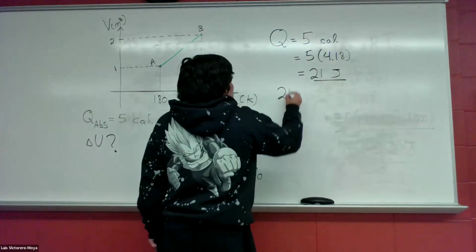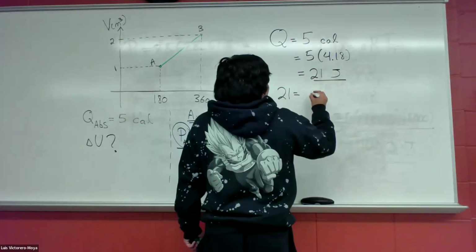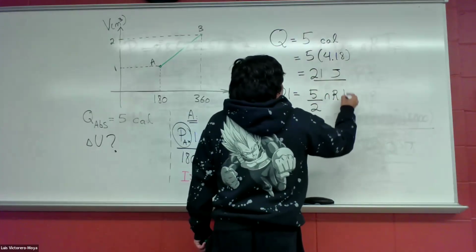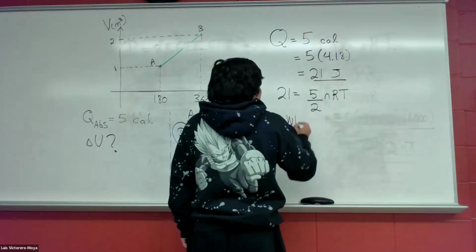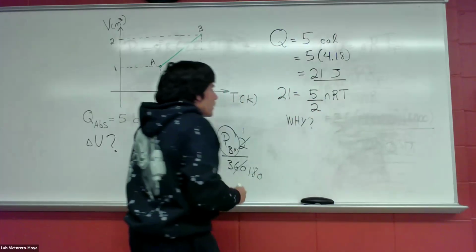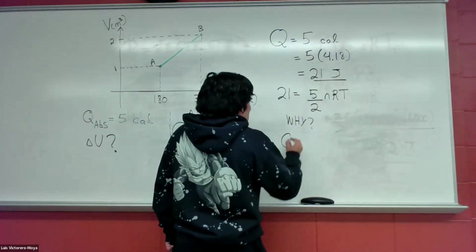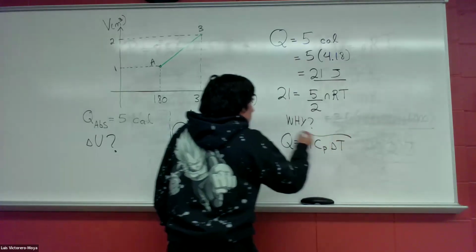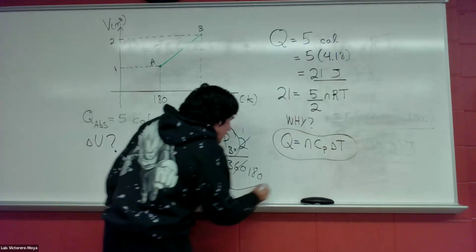So 21 is equal to 5 halves of nRT. Why? Because my Q is equal to nCP delta T, because it's an isobaric process.